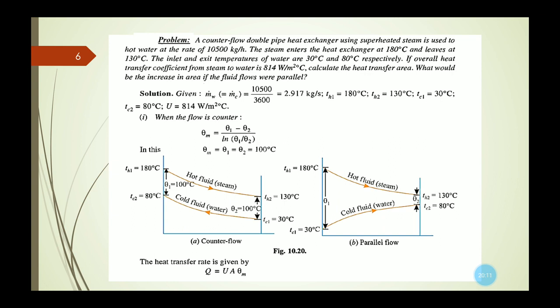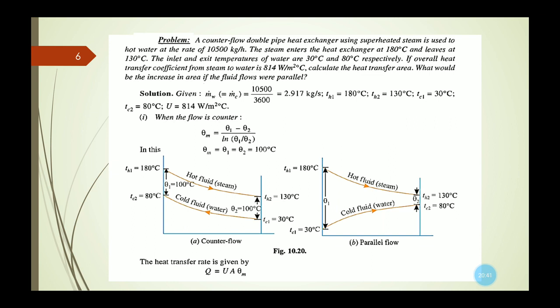So in this case, using the counterflow heat exchanger, first we need to calculate the LMTD, that is theta m equals theta 1 minus theta 2 divided by ln theta 1 by theta 2. Now here we can see that theta 1 and theta 2 both are the same, that is 100 degree centigrade.